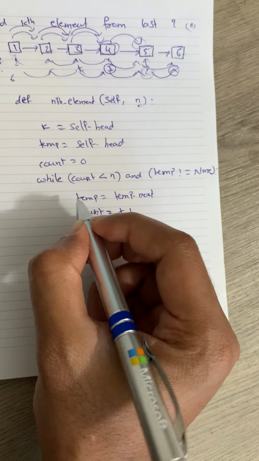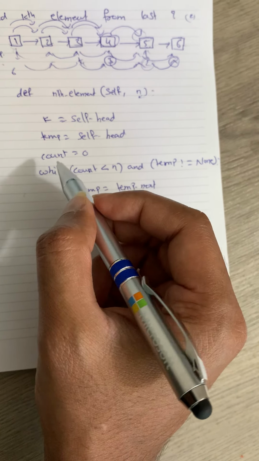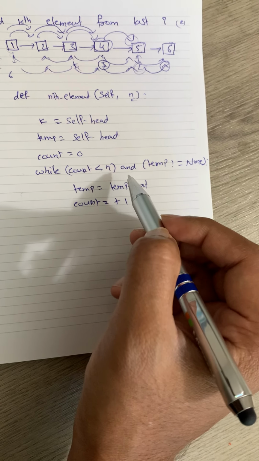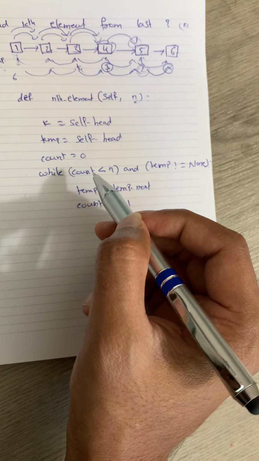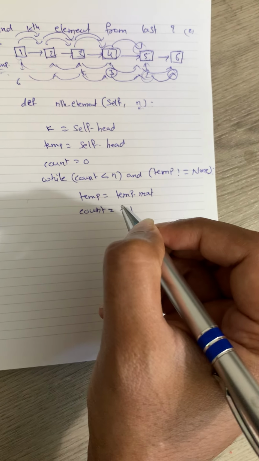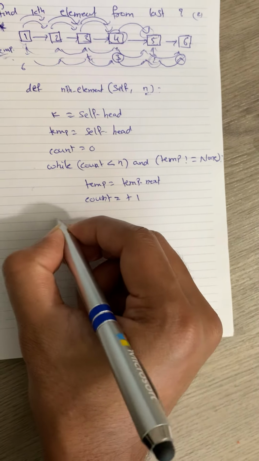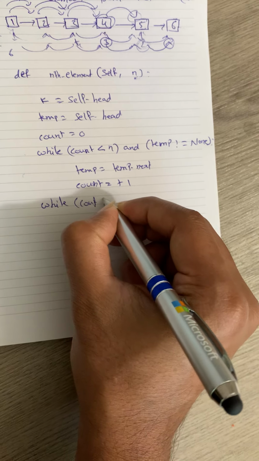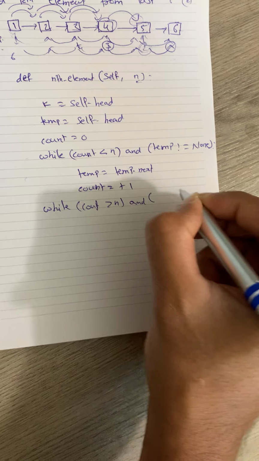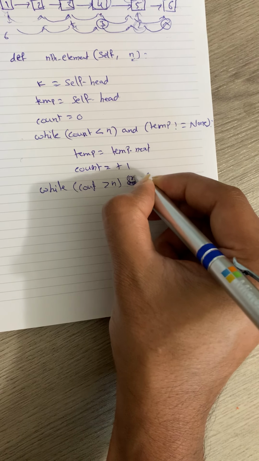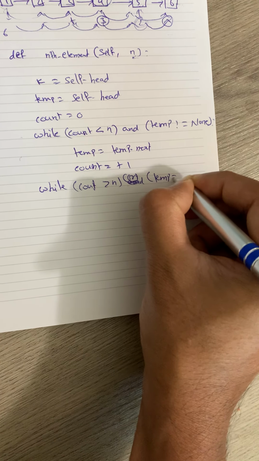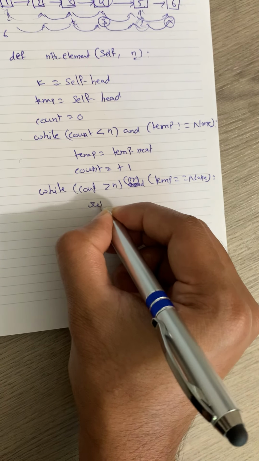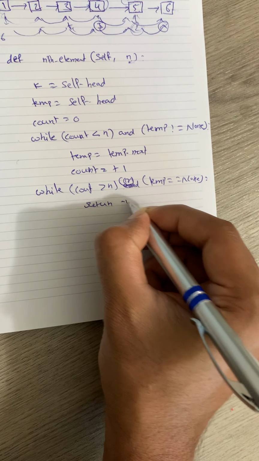And now if at any given point we meet the condition where the count is greater than n, or temp is equal to none, then we will return nothing, just -1.